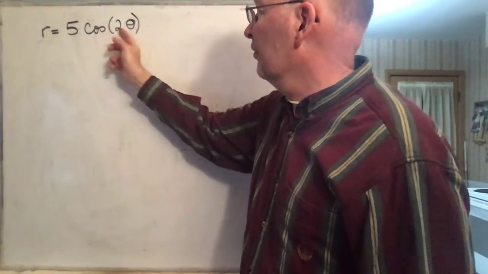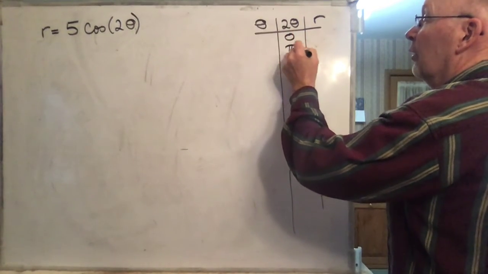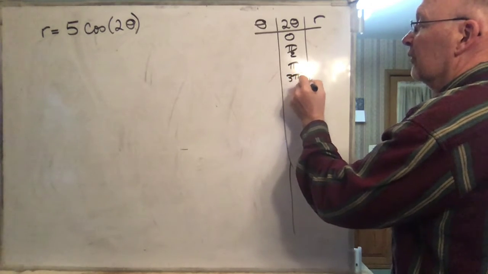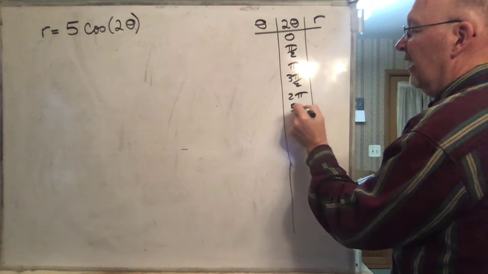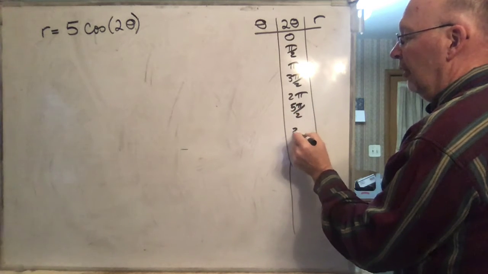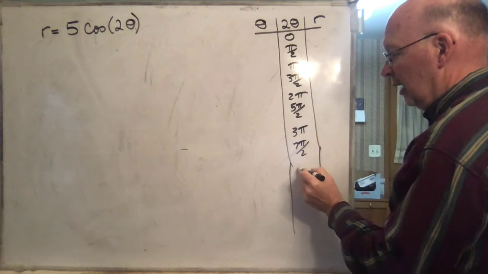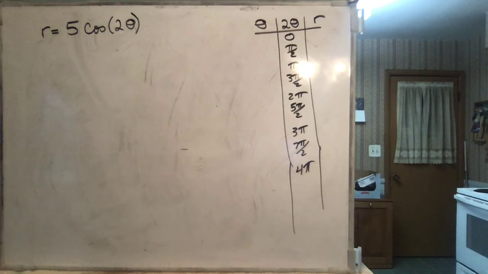So the nice numbers that I want to take cosine of are going to be the numbers 0, pi over 2, pi, 3 pi over 2, 2 pi. What's the next one? 5 pi over 2, 3 pi, 7 pi over 2, and 4 pi. Okay, and you'll see why I have to go through all those.